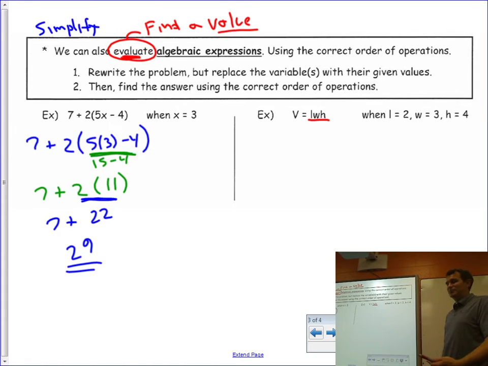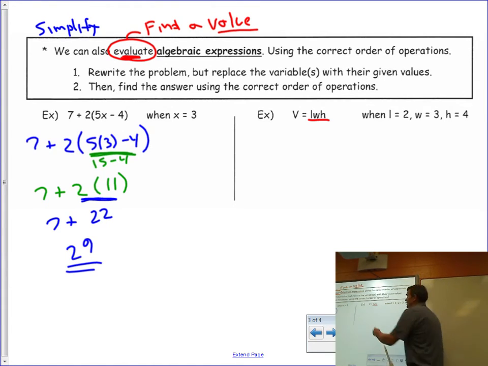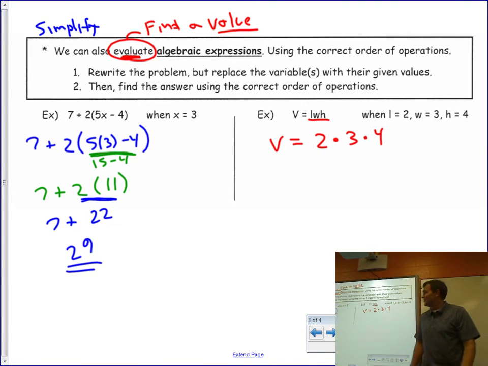L times W times H. So when I replace them, I need to put in a multiplication symbol. Because if I put them next to each other, it'll look like the number 234, right? I need multiplication symbols in there to show those three things are being multiplied together.